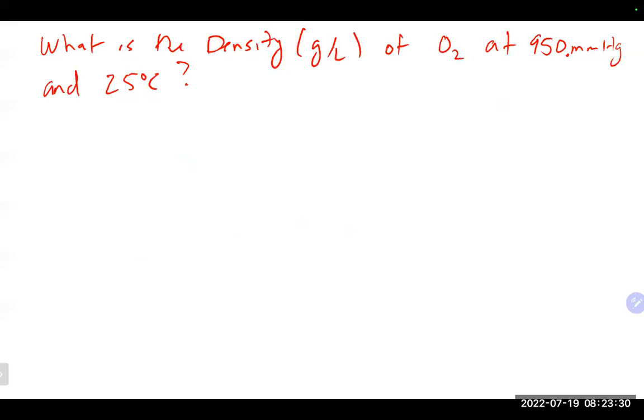What is the density in grams per liter of oxygen gas at 950 millimeters of mercury and 25 degrees Celsius? And obviously oxygen here is 16 grams per mole. Okay, let's take a look. So in this case we are looking for density here, and we do have the pressure given to us, which is 950 millimeters of mercury.